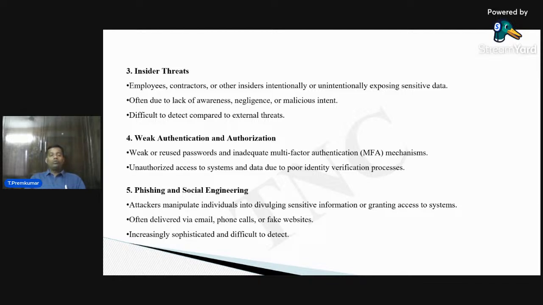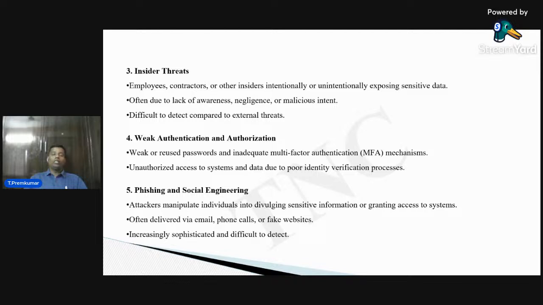So we should always give the right factors in order to avoid weak authentication and authorization. The best example is multi-factor authentication, so that no one other than the user can access this.